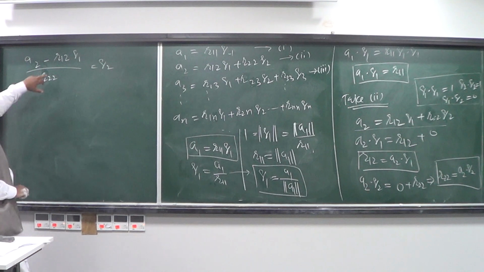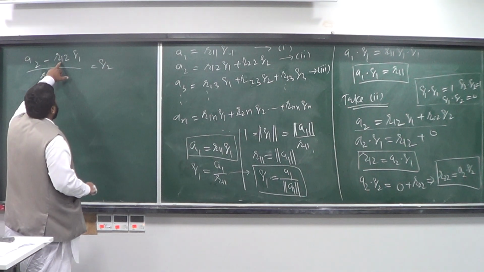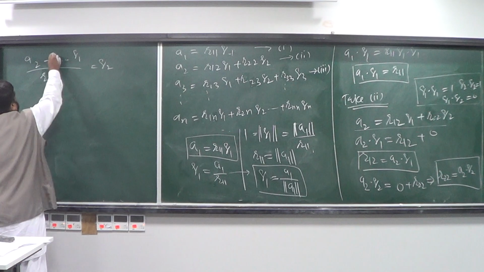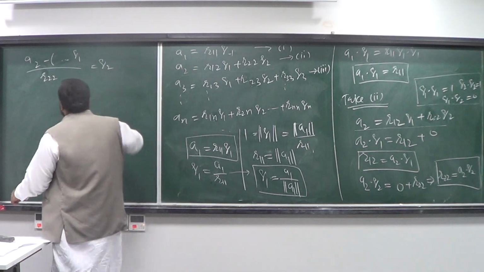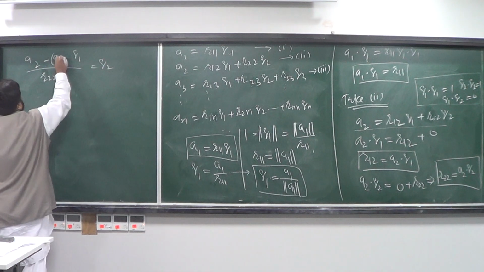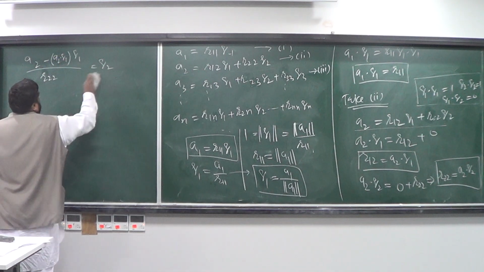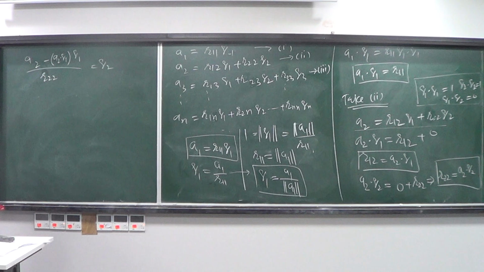I can substitute the value of R12, which is A2 dot Q1. So Q2 equals A2 minus A2 dot Q1 times Q1, divided by R22.